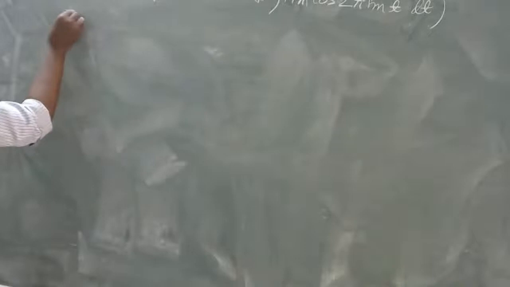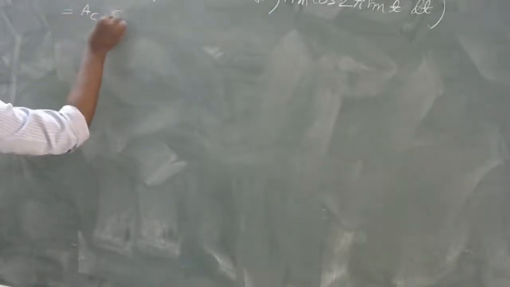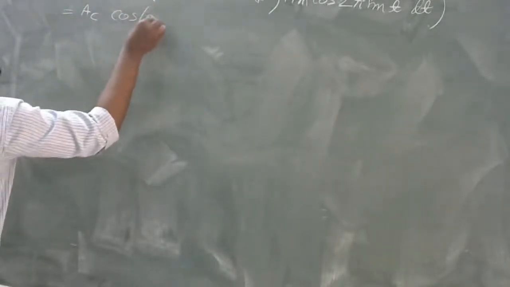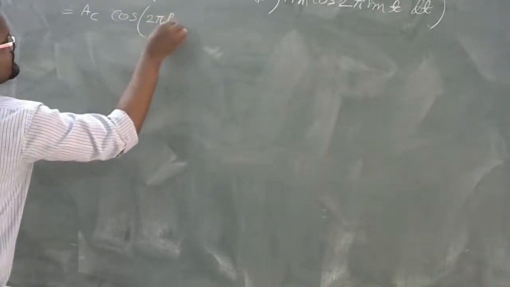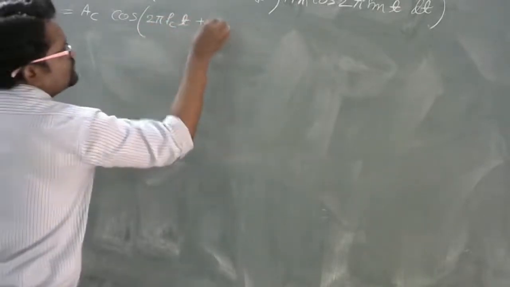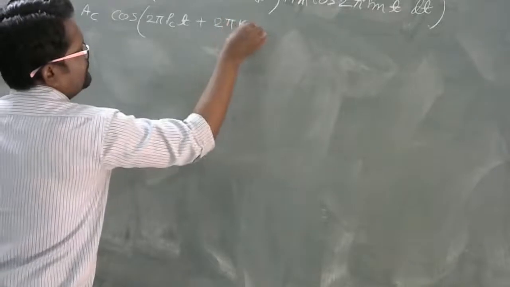Now after solving this mathematical equation, we will get Ac cos(2 pi fc t plus 2 pi kf.